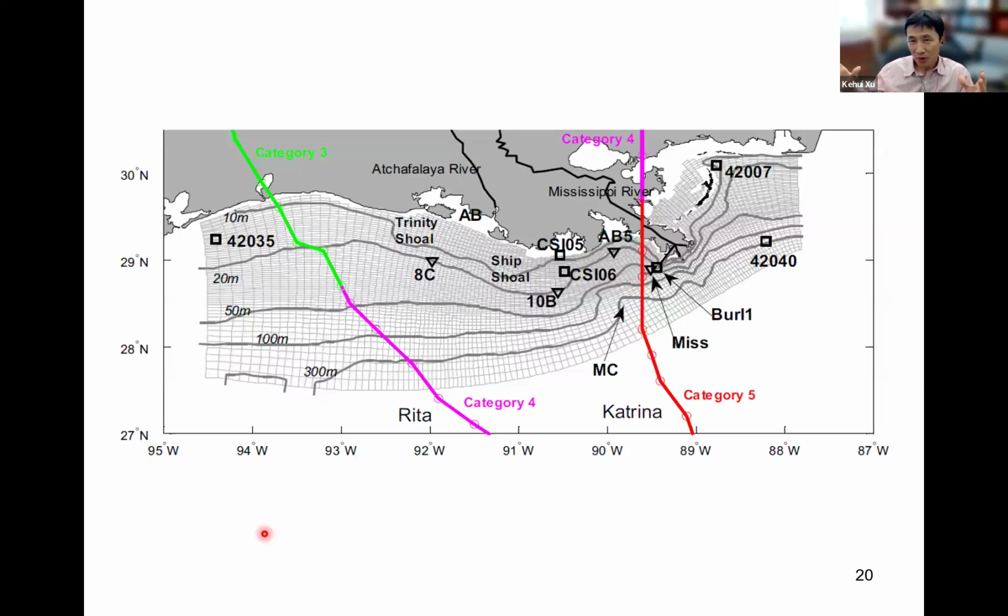If you deal with a 3D model, you have many layers in the water, many layers on the seabed. It takes forever to finish the model run. And eventually, because the model run is so slow, it's just not practical to turn on all of them, okay? So that's a bottleneck for the numerical models.